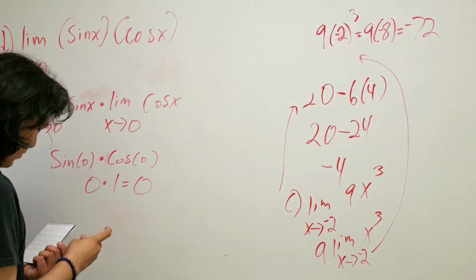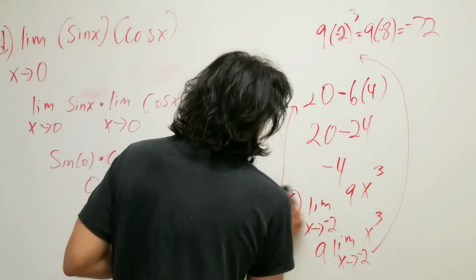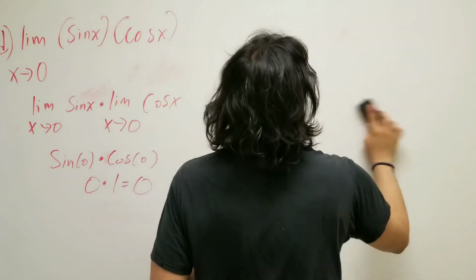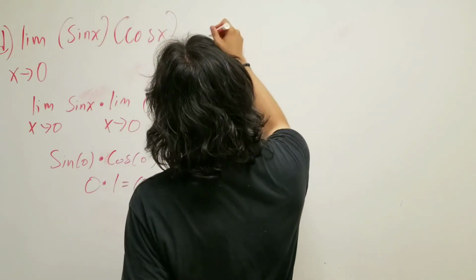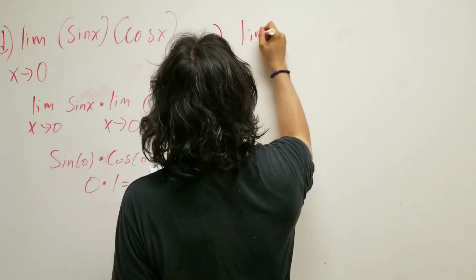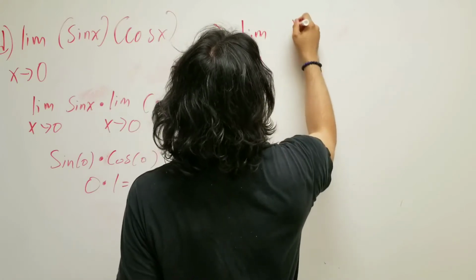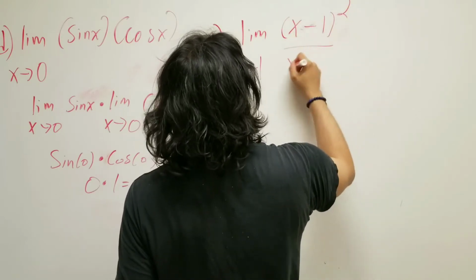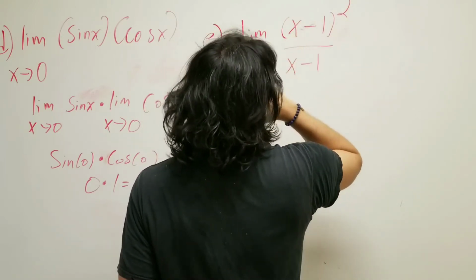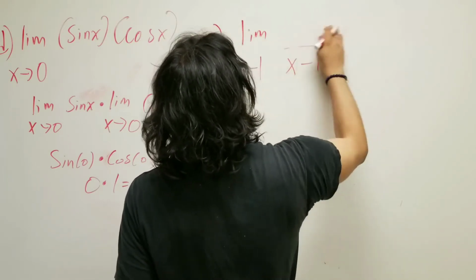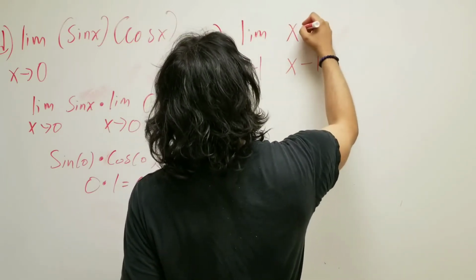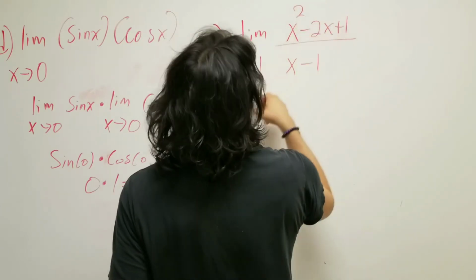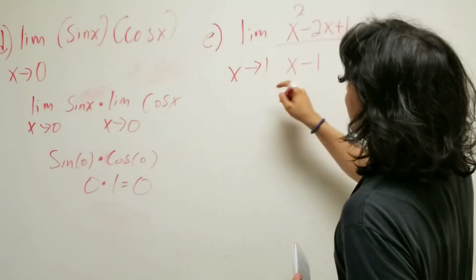And lastly, for E, the last property is the limit as x approaches 1 of x squared minus 2x plus 1 all over x minus 1.